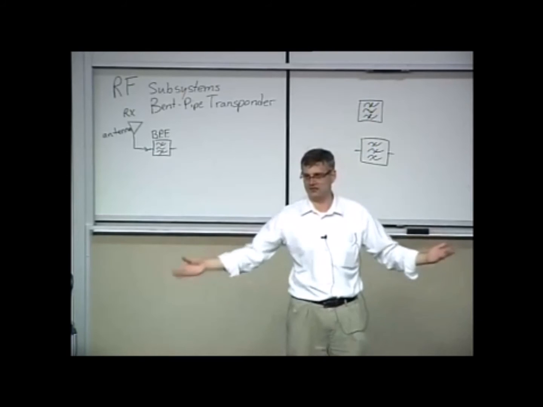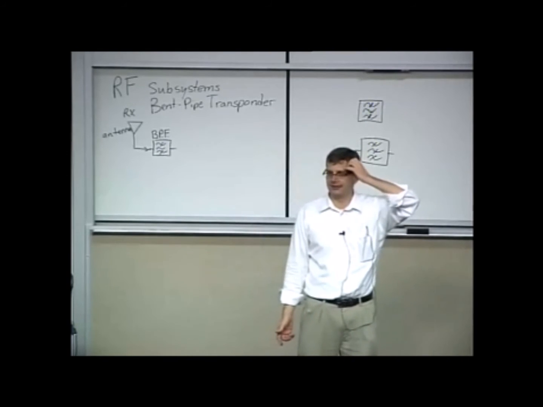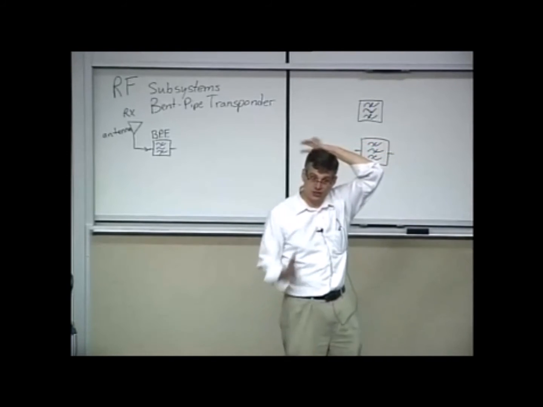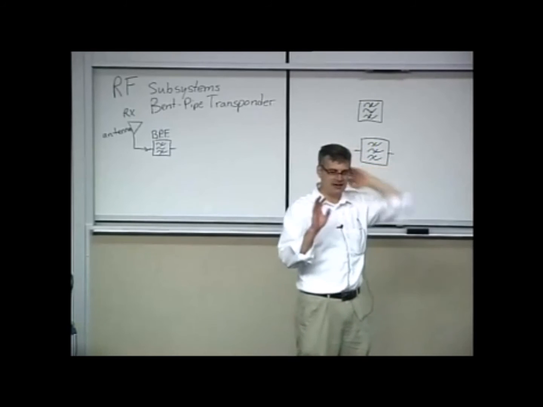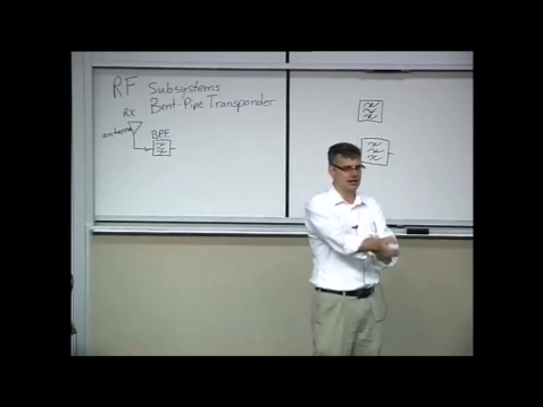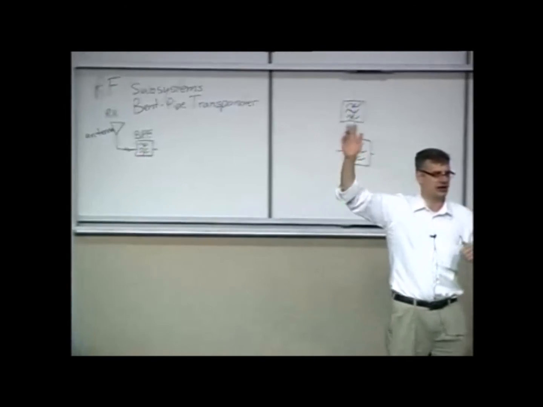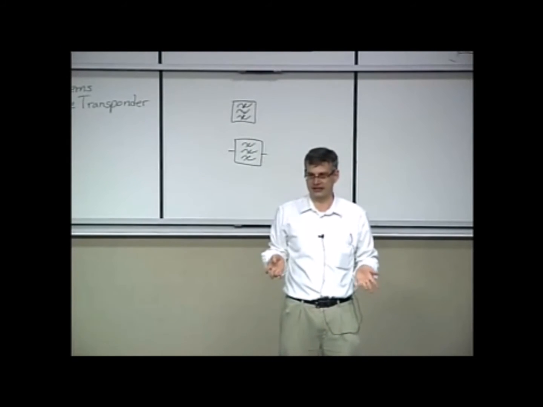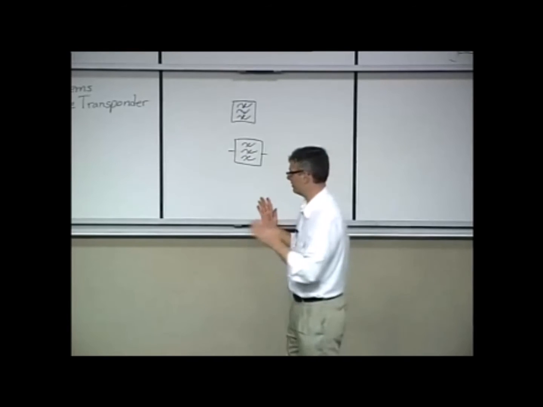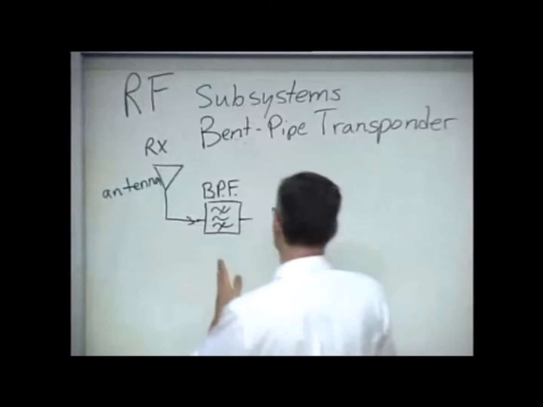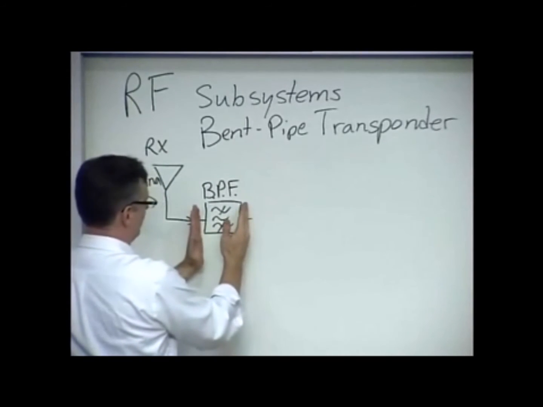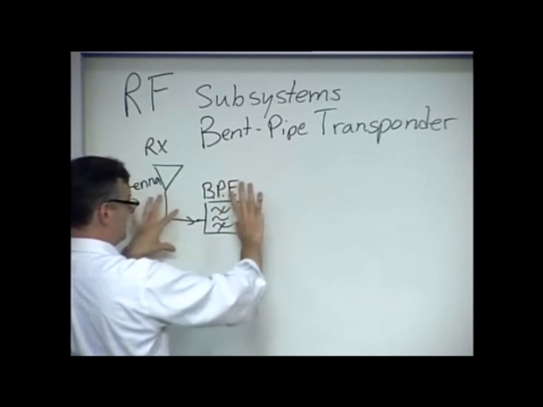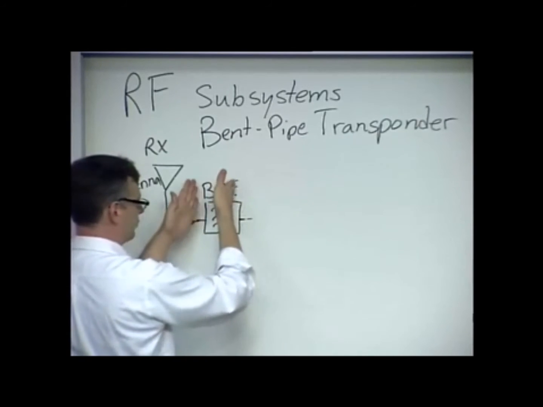It may be 30, 40, 50, 60 dB down, but they're still going to get something. And if you get enough of those signals, you can cause interference or saturation in your amplifiers down the RF chain, which is bad because then nobody's going to receive anything. And so generally you put a little bit of filtering so that all of your out-of-band signals are attenuated somewhat and your in-band signals drop right on through.